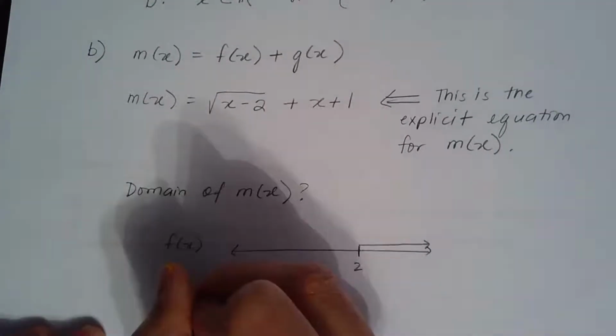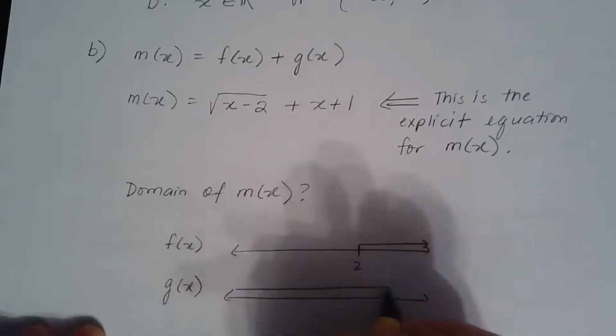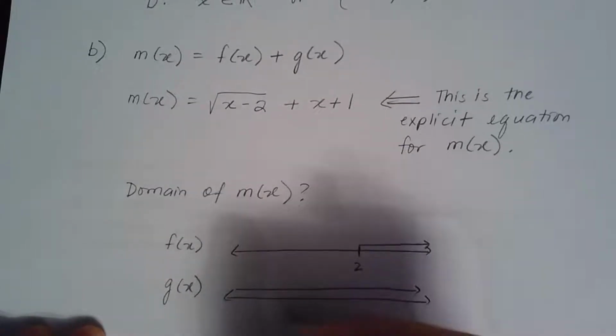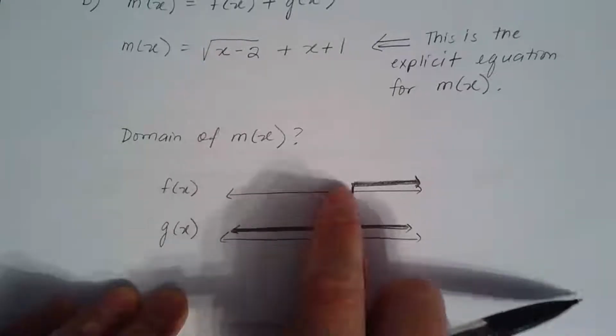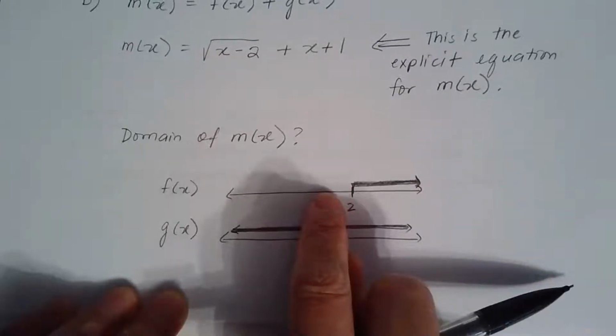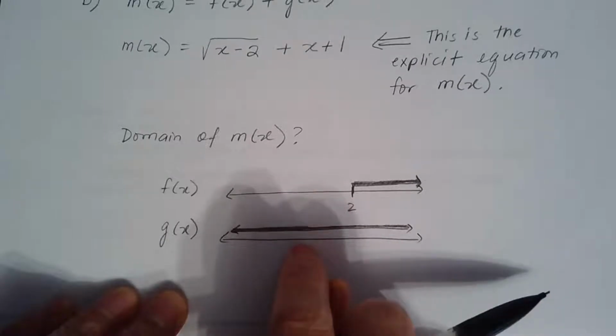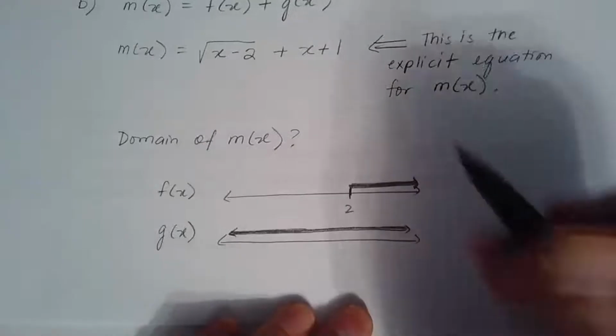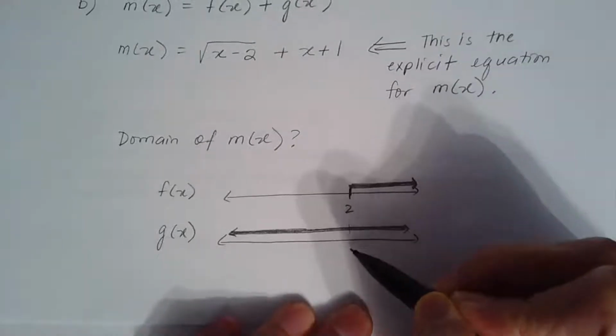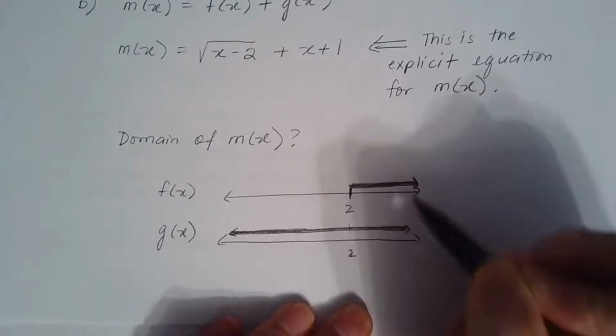And for g of x, negative infinity to infinity. Where the function is not defined, we won't be able to add f of x and g of x. The domain valid for both functions, defined for both functions, is from 2 to infinity.